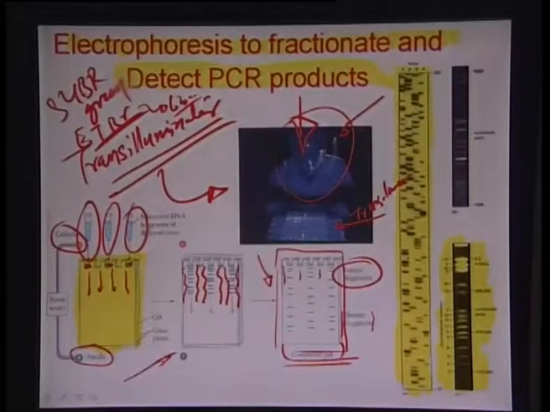This is actually done in a bulk sample, and it essentially lacks speed, because you are able to apply only a voltage good enough to ensure there is no substantial heating, so that the gel can remain in one integral form without any melting in between.